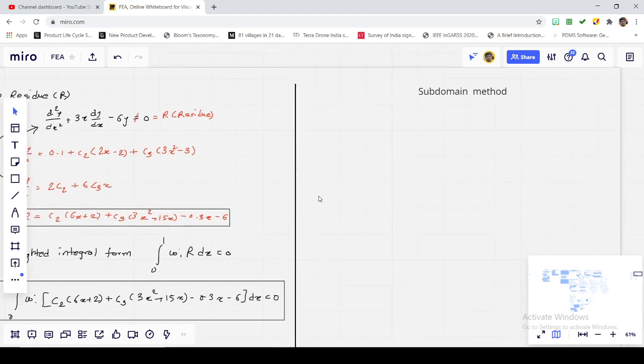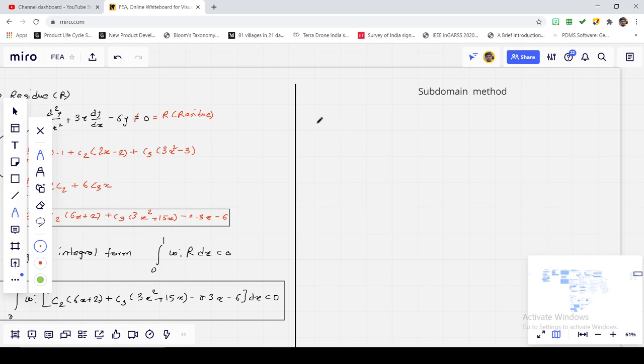For the subdomain method, we don't consider any weight equations or weight functions. We basically divide this domain into two subdomains because we have two unknowns. That's why we decide to divide the domain into two subdomains. Now we have a domain of integral from 0 to 1 by default, so we try to divide it into two domains.